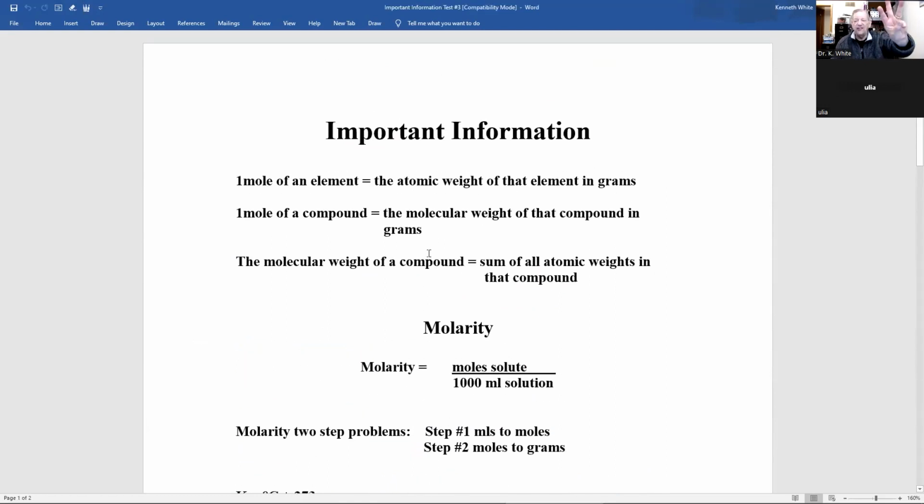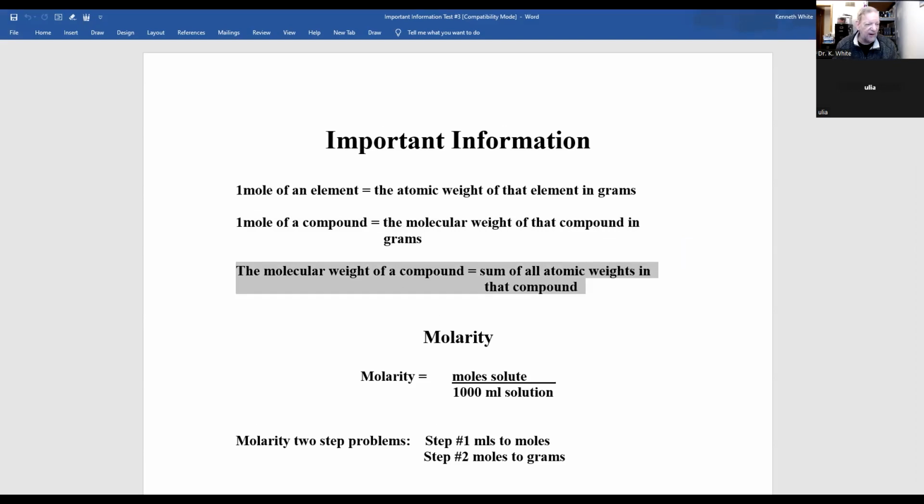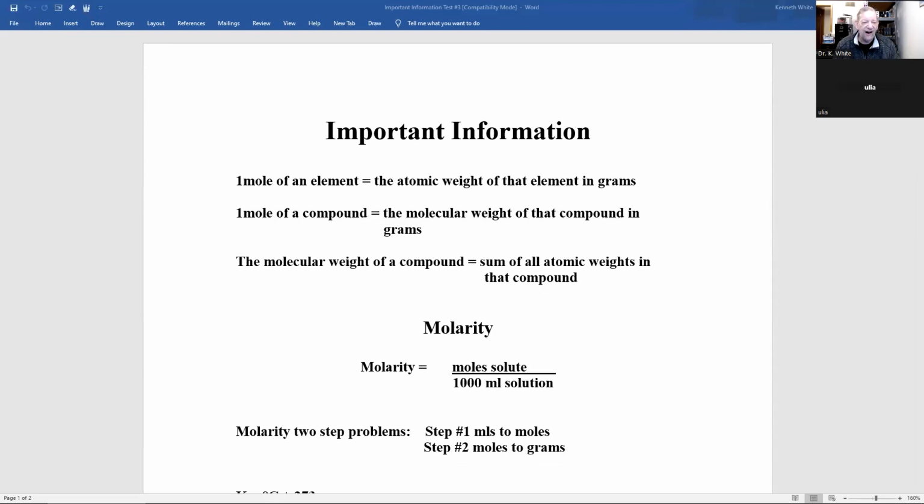Important information, test 3: 1 mole of a compound equals its molecular weight of that compound in grams, and the molecular weight is the sum of all atomic weights. Well, I better open up my periodic table because I need to determine the molecular weight of carbon dioxide.